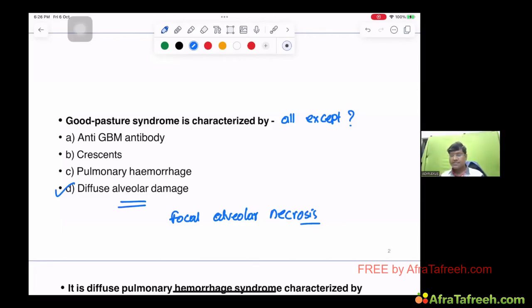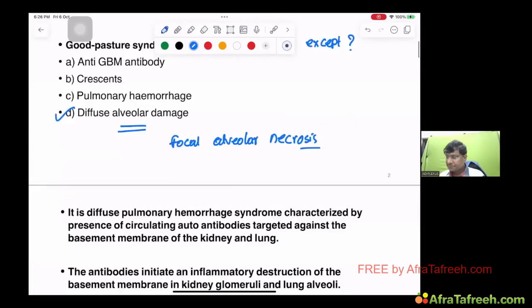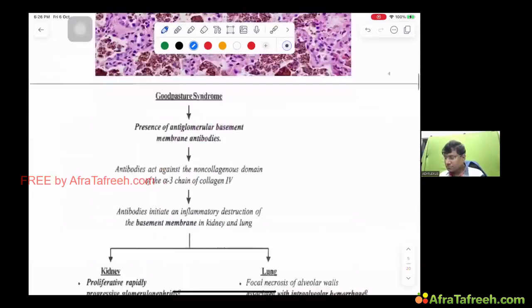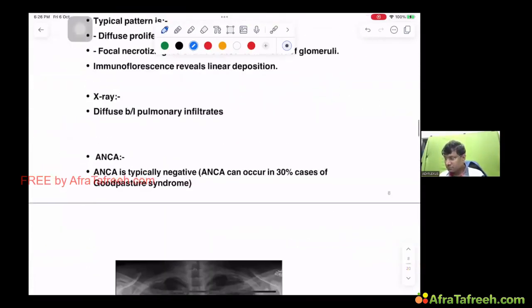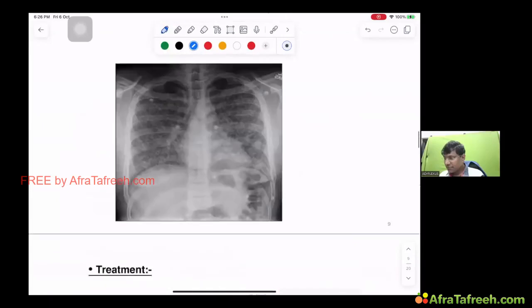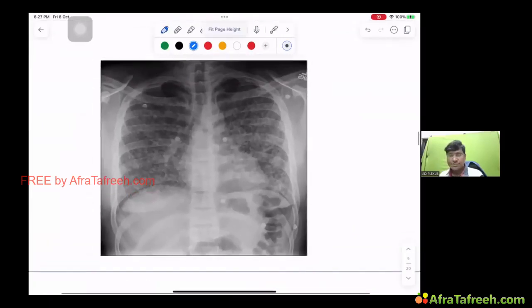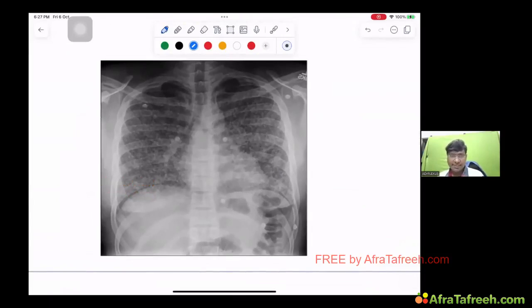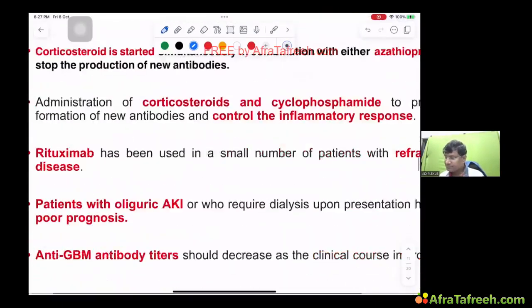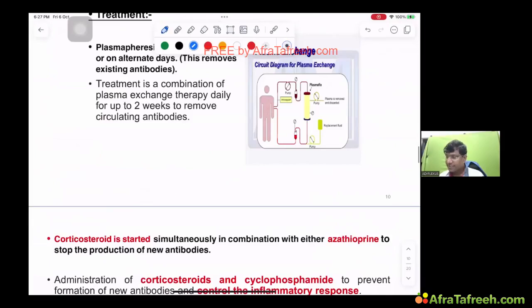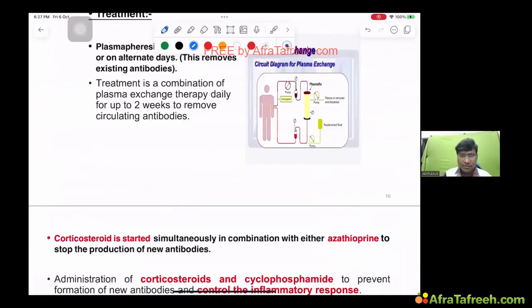Okay, so the answer is D. And this is the chest X-ray in these patients. What will be the chest X-ray finding we have discussed? Bilateral infiltrates. Right. So that was about one important question in Goodpasture's.